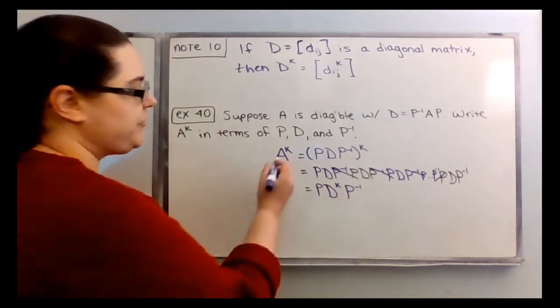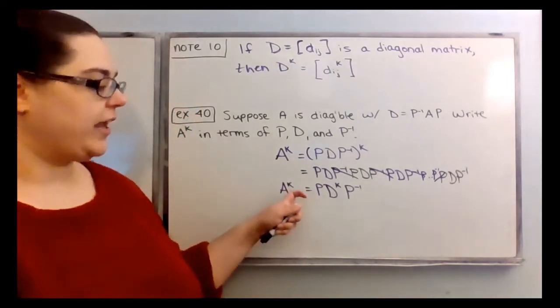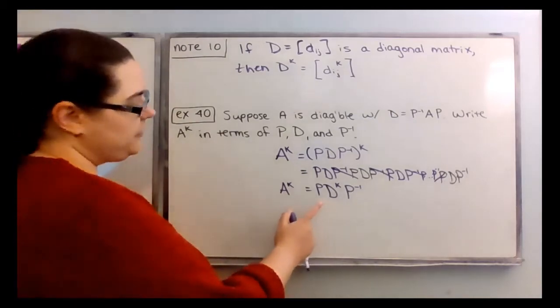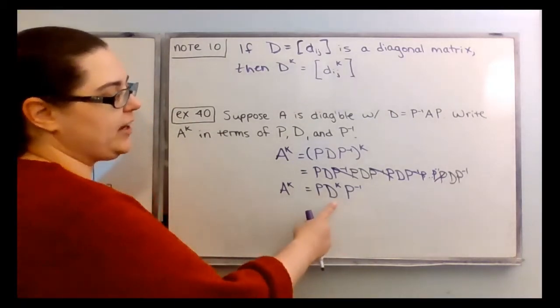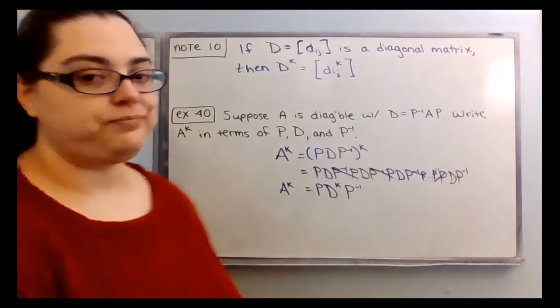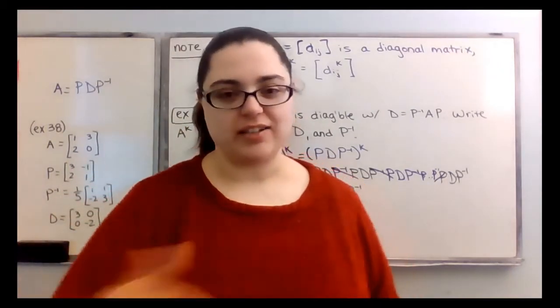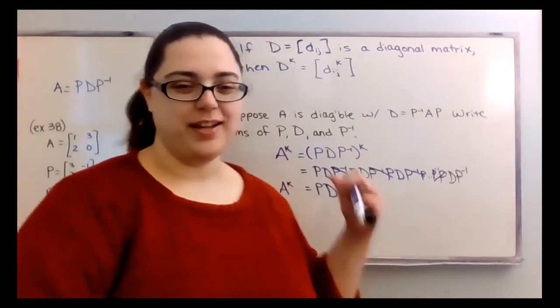So what this means is if I want to raise my diagonalizable matrix A to the Kth power, I can. I'm still going to have to multiply by P and P inverse, but I have a diagonal matrix to the Kth power, which is easy enough for us to find. So let's do an example of finding a large power of a diagonalizable matrix and try this out.